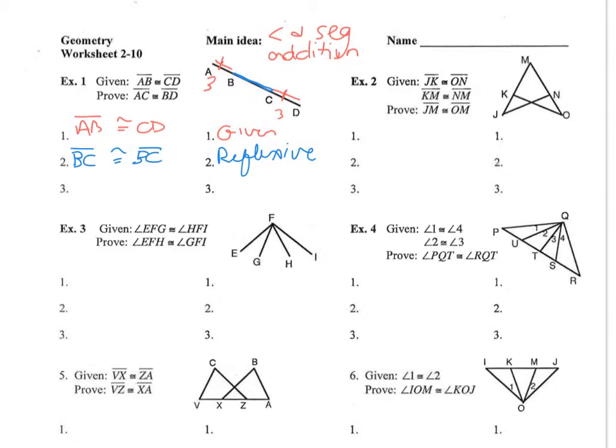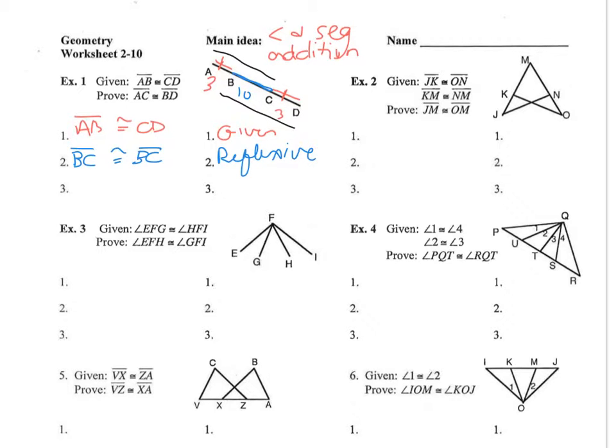I need that statement because I need to be able to say that, well, let's go back to BC and give that a number, 2. So if that's 10, then I can say that from A to C is 13, and also from B to D is also 13. So they are congruent because of the addition statement.